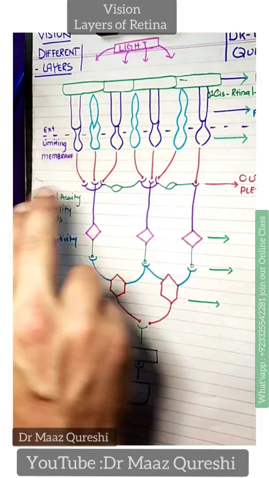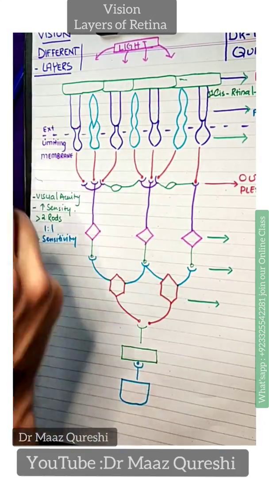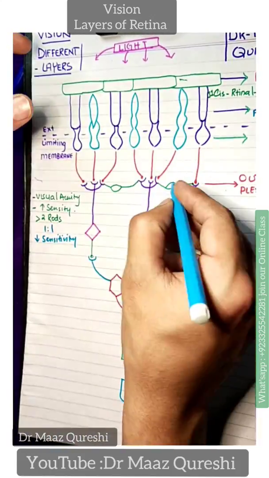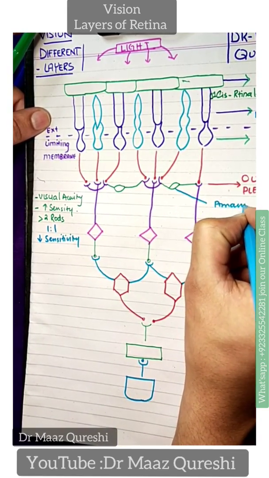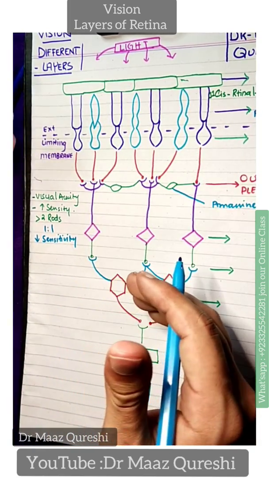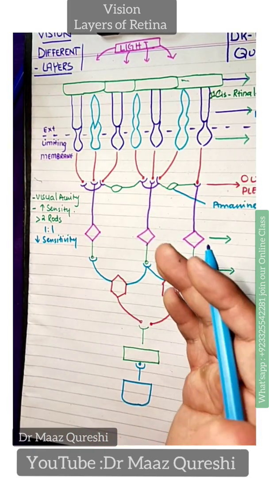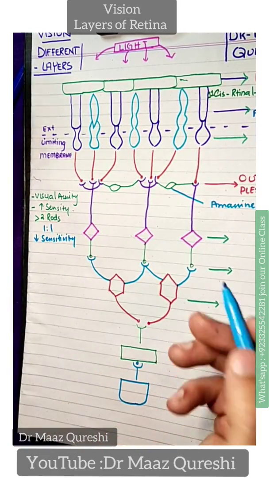Here in the outer plexiform layer you have another type of cells which is known as the horizontal cells. I'm just going to write it here. These are the horizontal cells, and they synapse on the bipolar cells in the inner nuclear layer and the inner plexiform layer.